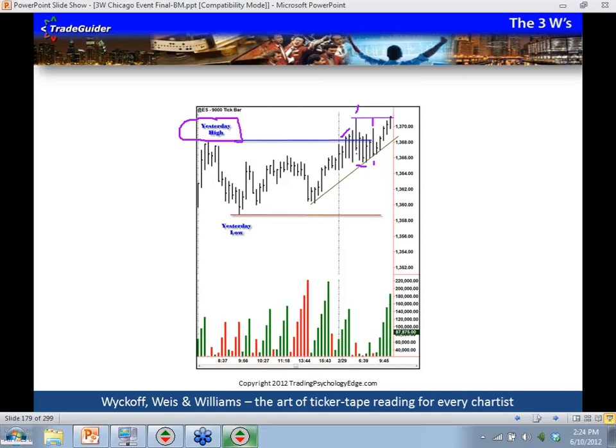Okay. And now we rally up again. Notice the spreads on the bars, the ranges on these price bars. They're narrower compared to this one and this one. Why is that? We have to ask ourselves. Possibly somebody's stepping on these bars as it's rallying up. Notice the high volume coming in here.